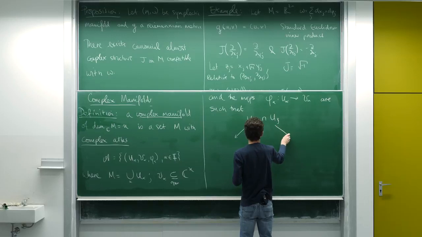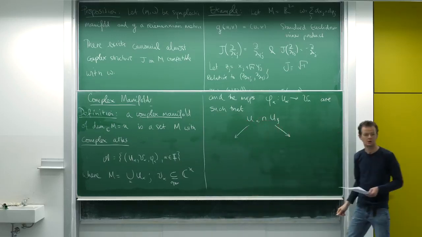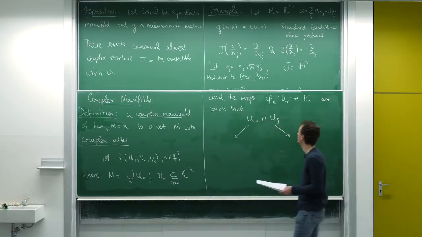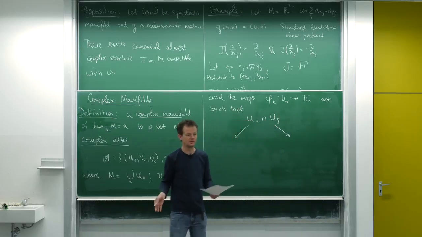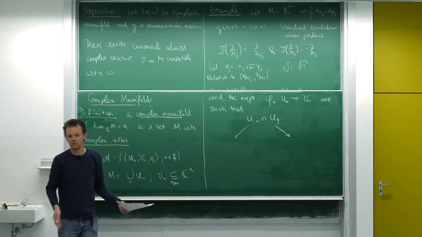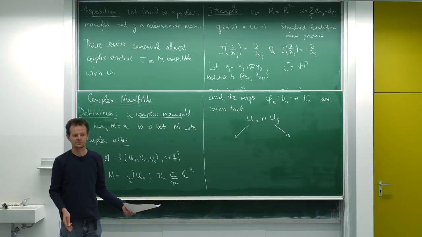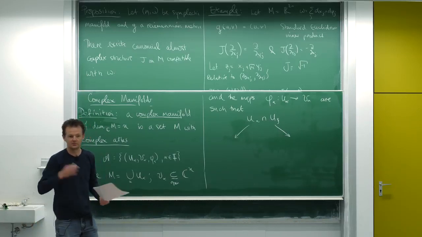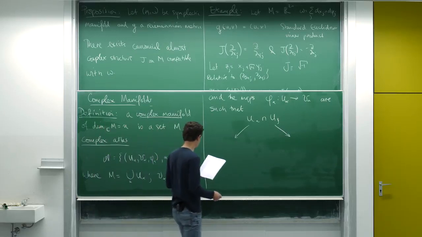And just as we did for manifolds, we need that these maps are compatible with each other. If you decide to represent points in your manifold with some coordinate system one day and then a different coordinate system on the other day, it better be that everything's compatible.